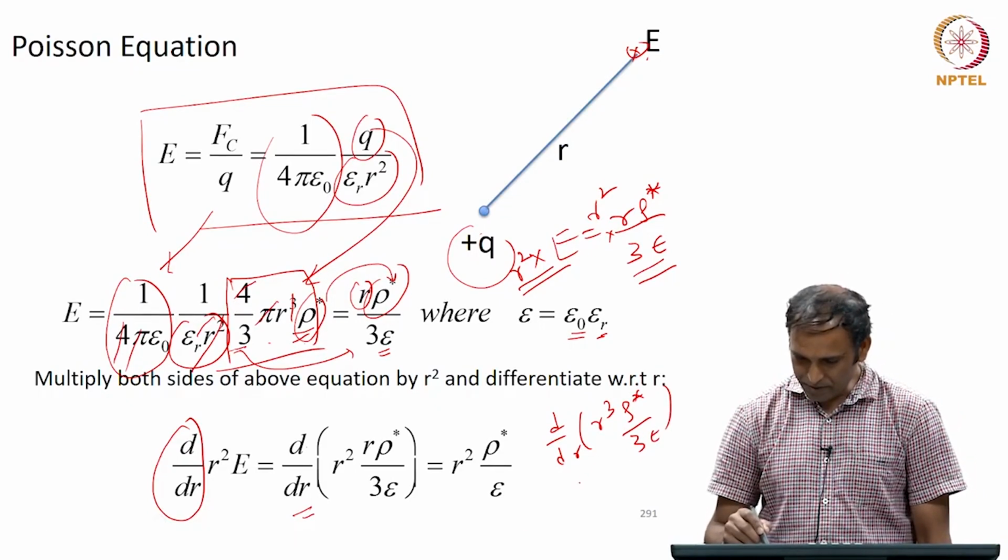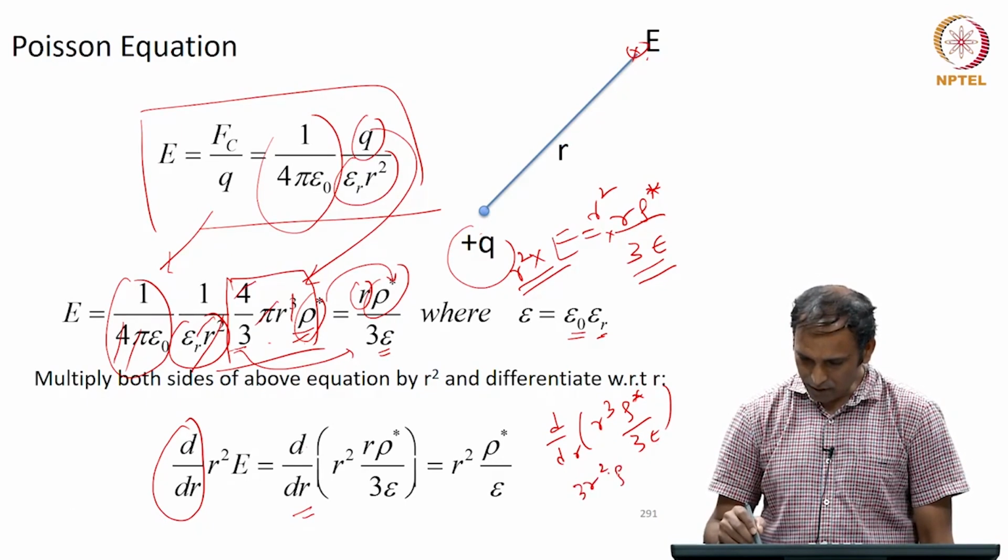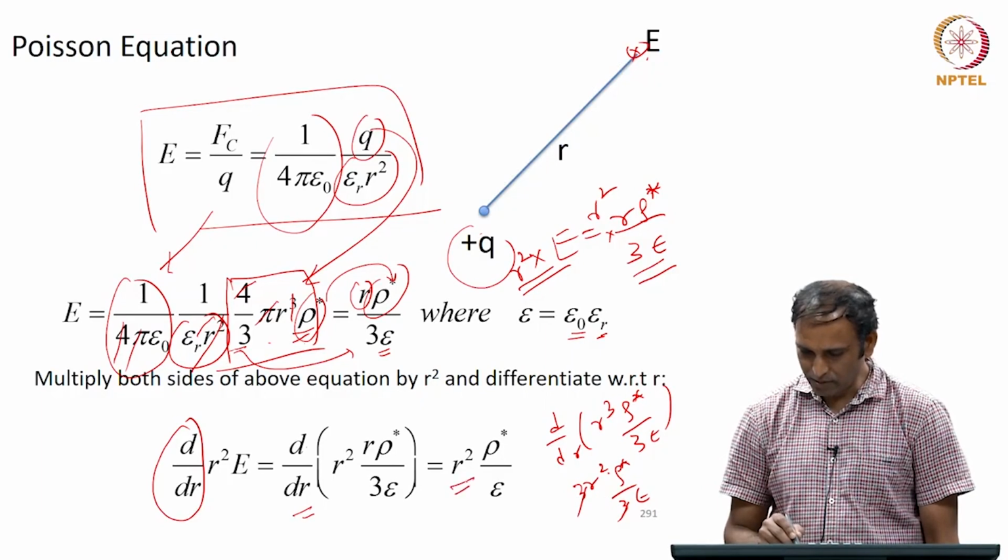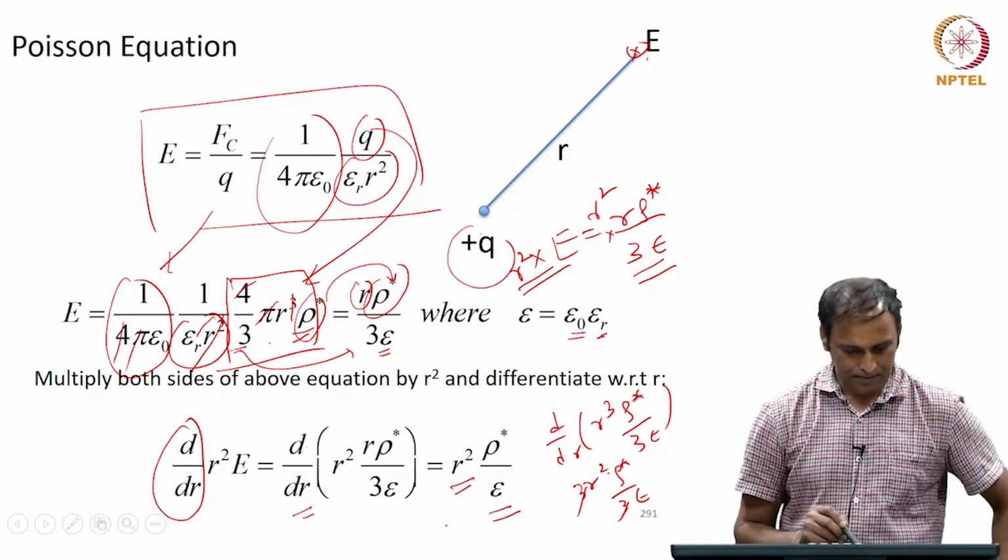So, this becomes 3 r square into rho star by 3 epsilon. This gets cancelled. So, essentially I am left with r square into rho star by epsilon.